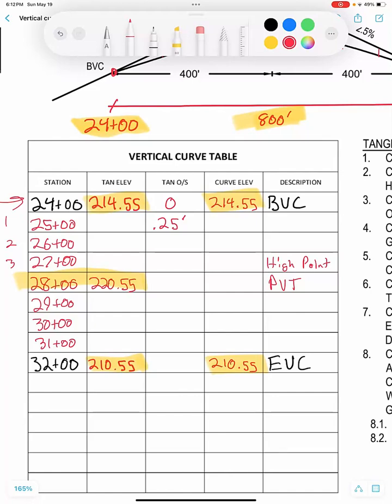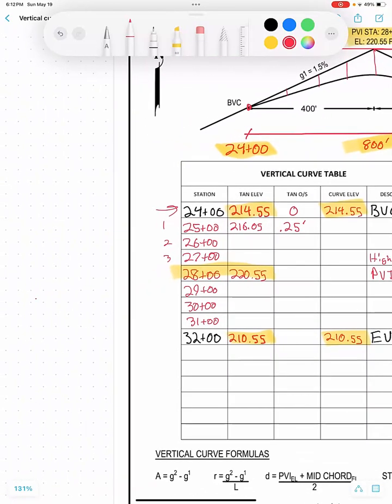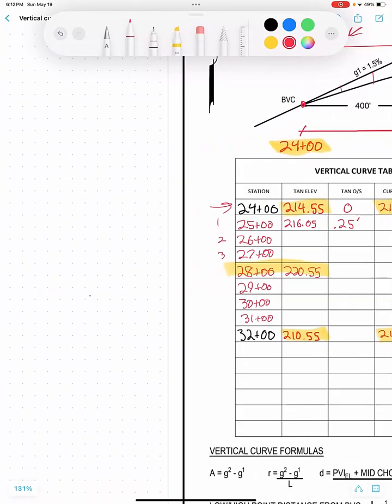And then we know, because we've already pre-filled this one out, remember this elevation here came from this formula. We had the known elevation, we had 100 feet times 0.015, equals what?